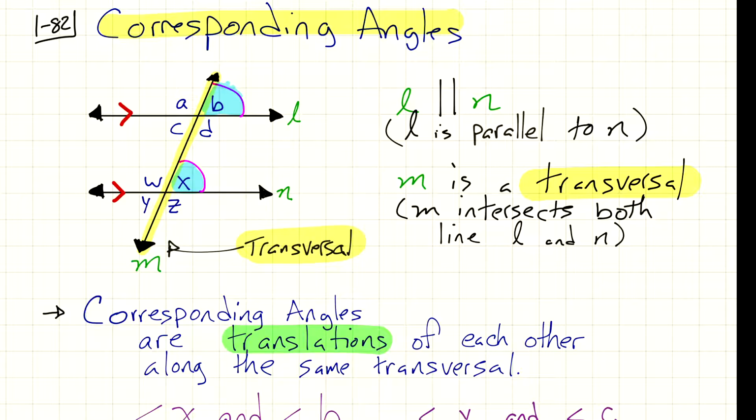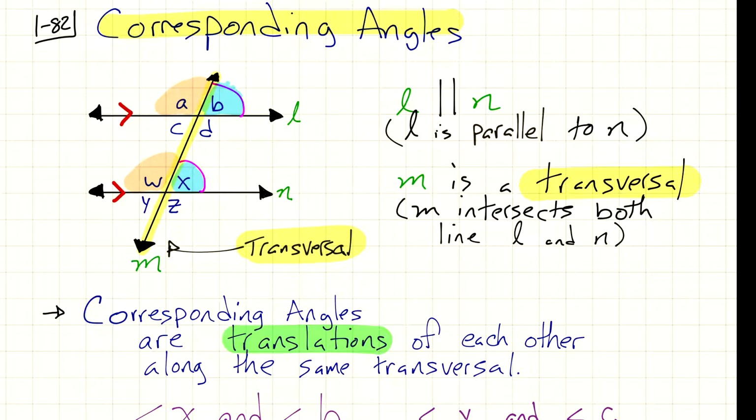Do we have any other corresponding angles in this picture? If I say angle A, does that correspond with any other angle? Let me highlight that. If I slide angle A, you should notice it fits perfectly at W. So those two would be the same, so I'm going to color them the same.